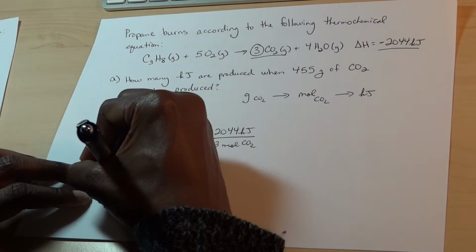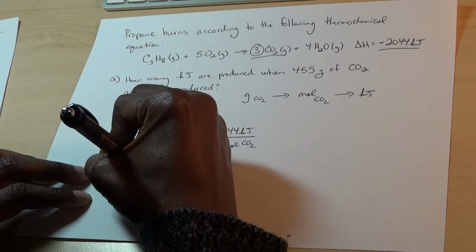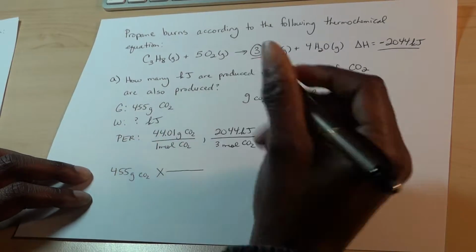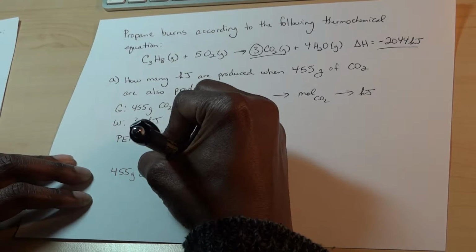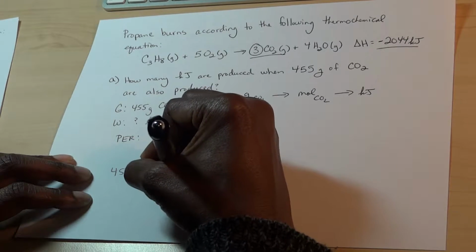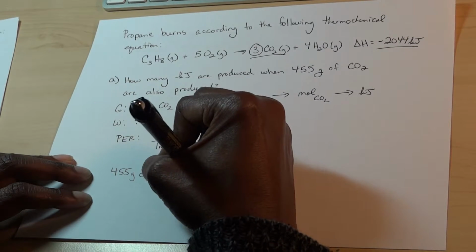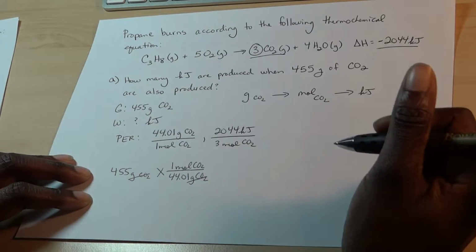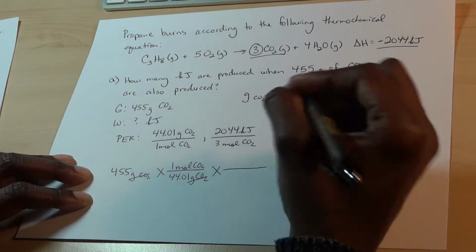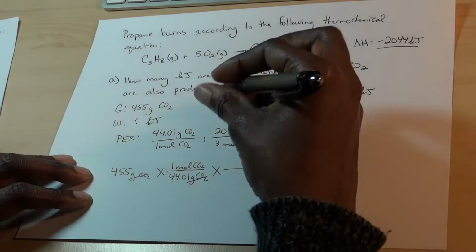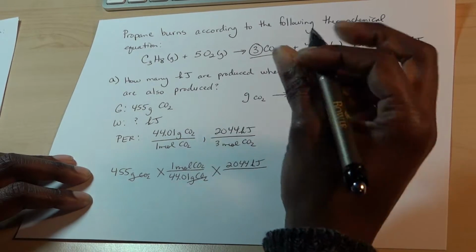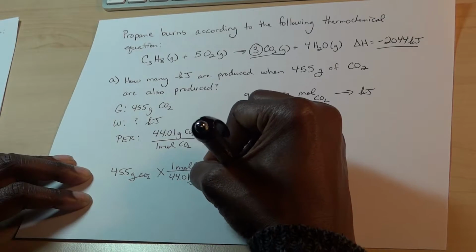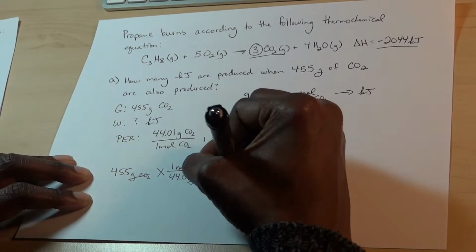So let's start with our given, 455 grams of carbon dioxide. Convert it from grams to moles using molar mass: 1 mole of carbon dioxide per 44.01 grams of carbon dioxide. Grams of carbon dioxide cancel. Times the energy to mole ratio, with energy up top because that's what we're solving for: kilojoules up top for every mole of CO2, so moles of CO2 cancel.